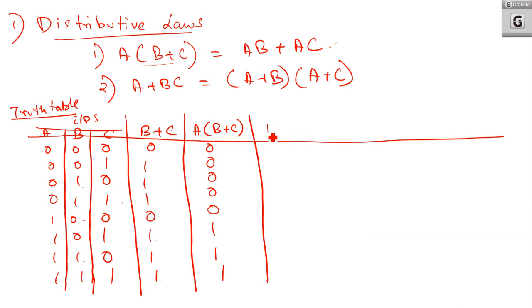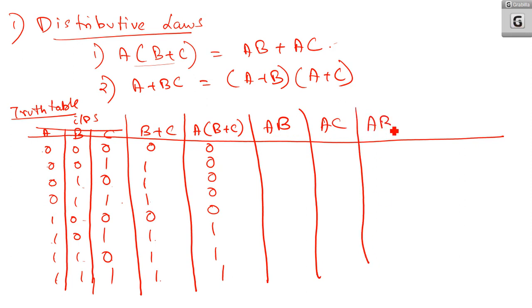Now I will write A and B, then A and C, and after that A and B or A and C. What is A and B? 0 and 0 is 0, 0 and 0 is 0, 0 and 1 is 0, 0 and 1 is 0, 1 and 0 is 0, 1 and 0 is 0, 1 and 1 is 1, 1 and 1 is 1.